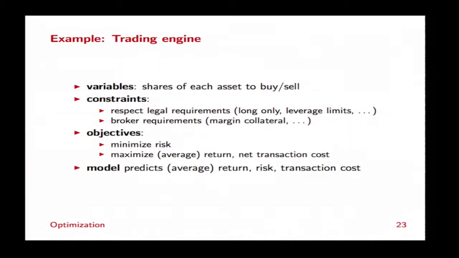The constraints is to respect legal requirements, broker requirements. You can't actually go too far short without somebody coming after you. And the objective would be to maximize the average return, net the transaction cost, and to minimize risk, something like that. And your model connects your portfolio to the risk and the expected return and the transaction cost. These would all be part of the model.